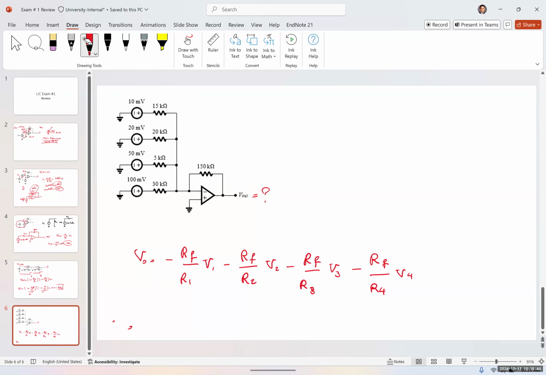So V out would be equal to negative 150, because all of them are in kilo ohms, I'm not going to write the unit.